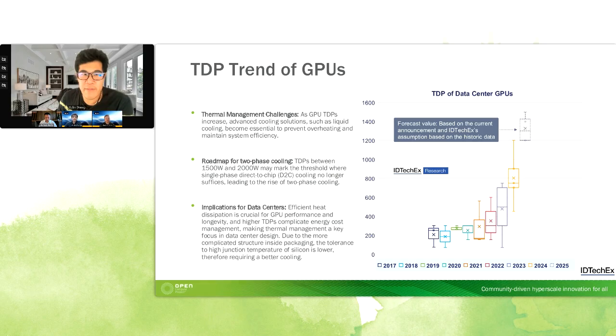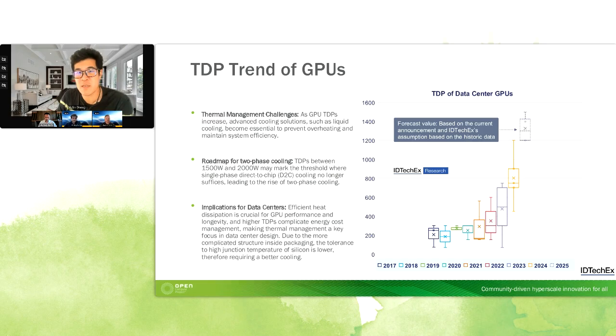So then what is the timeline and what is going to happen with the ever increasing TDP? By directly interviewing quite a few chip manufacturers, I think the consensus is that when the thermal design power of a chip is between 1,500 watts and 2,000 watts, single-phase direct-to-chip cooling will definitely struggle to meet the requirement.